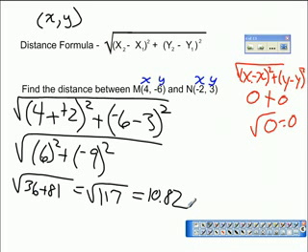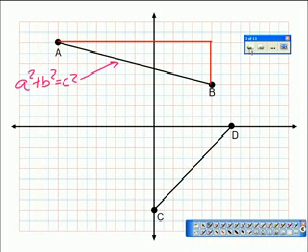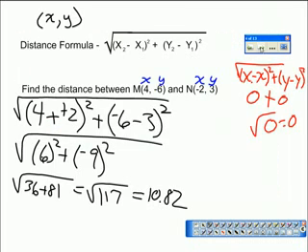So if I graph that, 1, 2, 3, 4, I'll go back. 1, 2, 3, 4, 5, 6. This was m. Negative 2, 3.